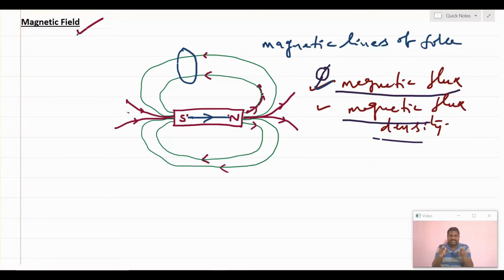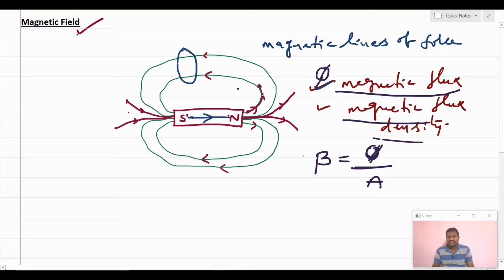If we take a certain area, the number of magnetic lines passing through that area is nothing but magnetic flux density. That can be represented as magnetic flux density B, equal to the number of flux lines passing through a certain area. So flux per area is called flux density.